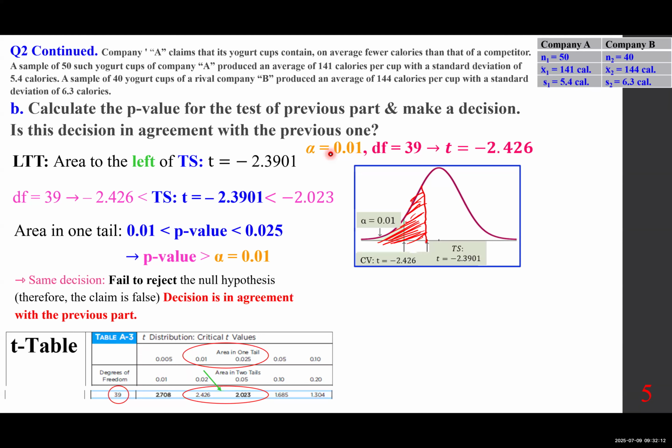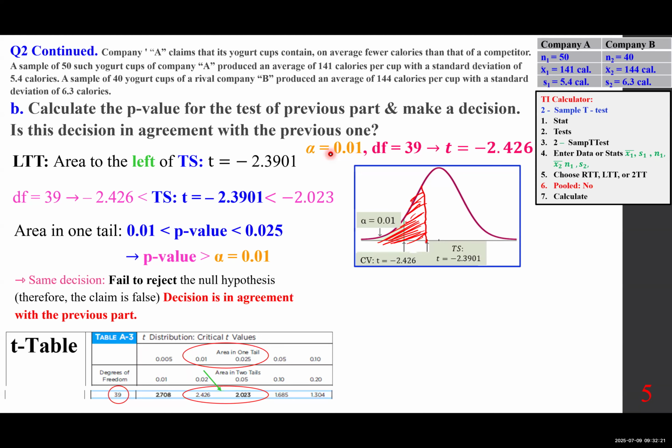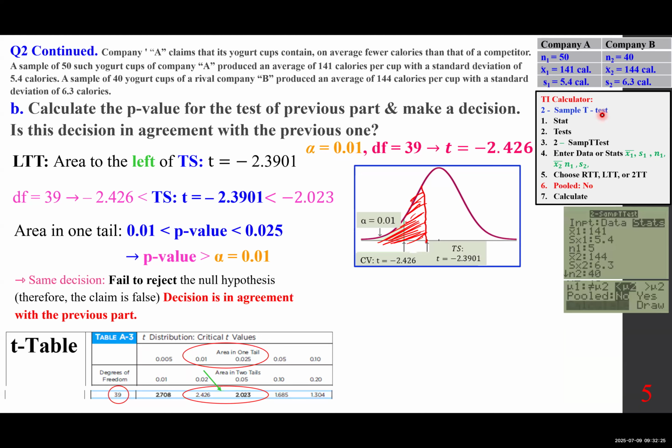Now, what I want to explain is what happens if you use technology. But again, you need to understand what's given. You need to understand what formulas are used. So you go with two sample t-test, okay? And that means STAT, TESTS, two sample t-test, and you enter x1 bar, s1, n1, x2 bar, and so on.